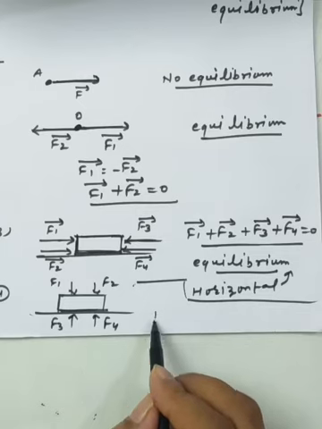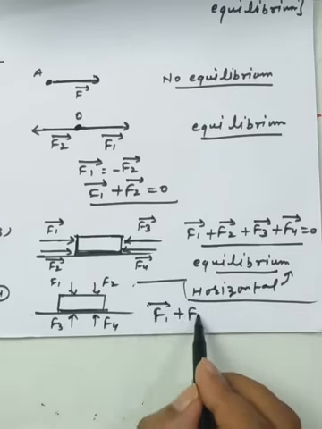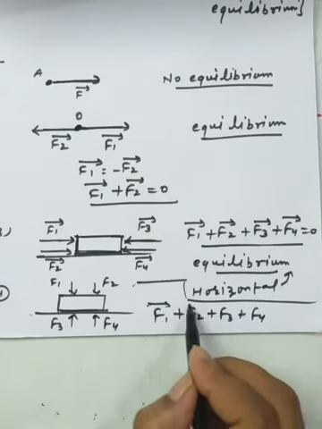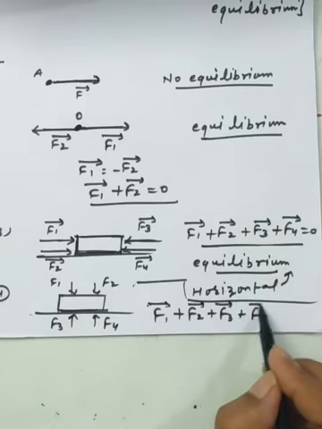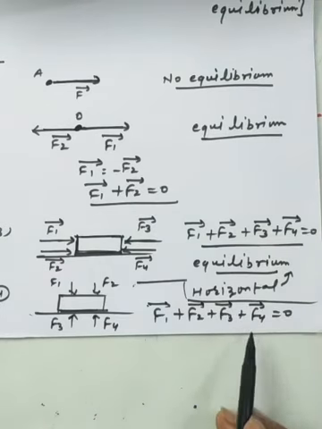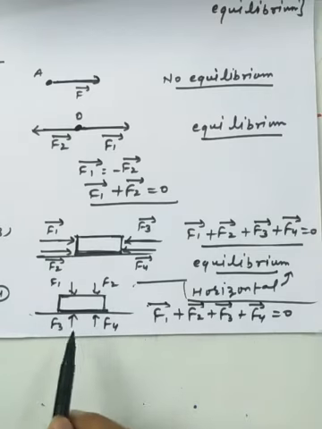The conclusion for the net forces is that F1 plus F2 plus F3 plus F4, the resultant of all the forces, will be equal to 0. These forces are known as concurrent forces and the condition of equilibrium holds. So this is the kind of vertical equilibrium we have.